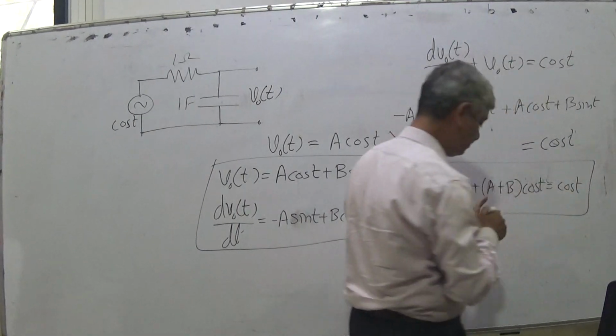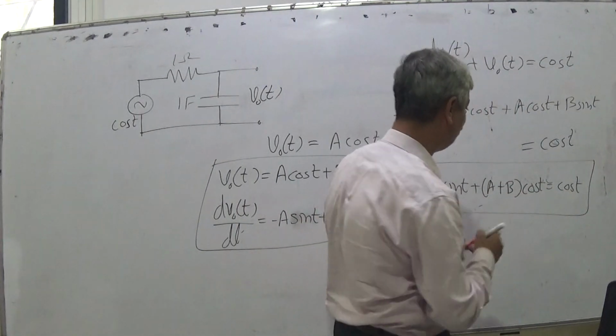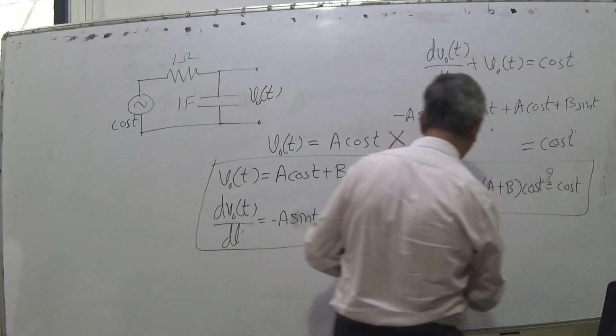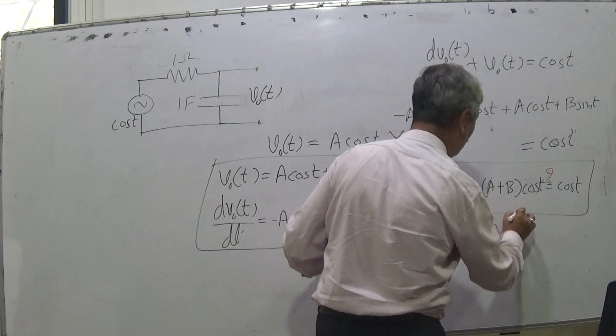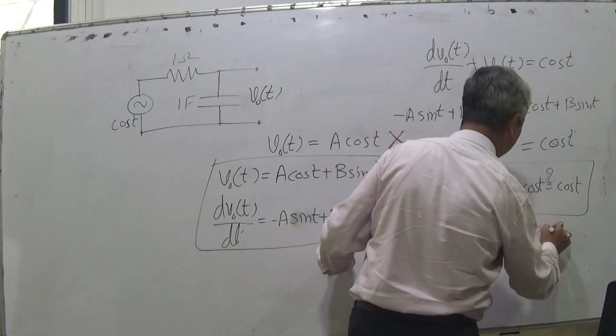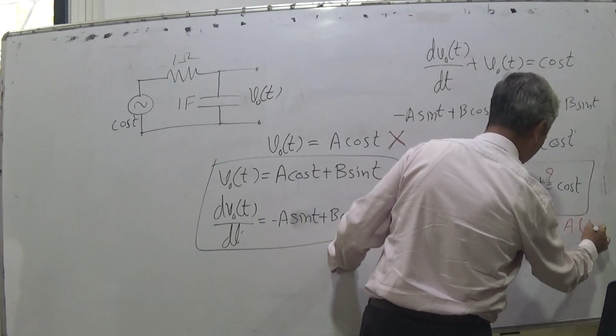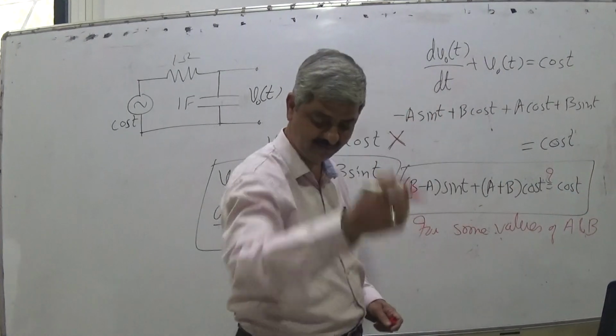There are two questions: whether this holds for some values of A and B. Whether they are unique or not is a different question.